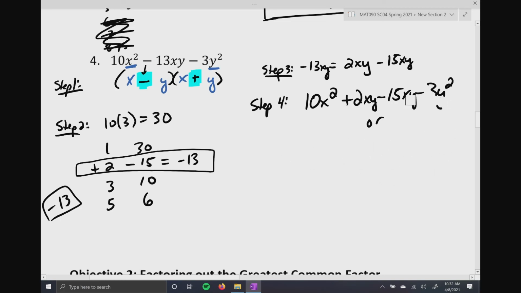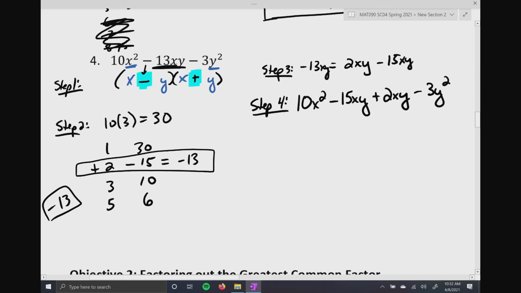So now, if you want, you can write out what I'm about to write. 10x squared minus 15xy plus 2xy minus 3y squared. Remember, I need the xy for the middle term because the middle term was negative 13xy.